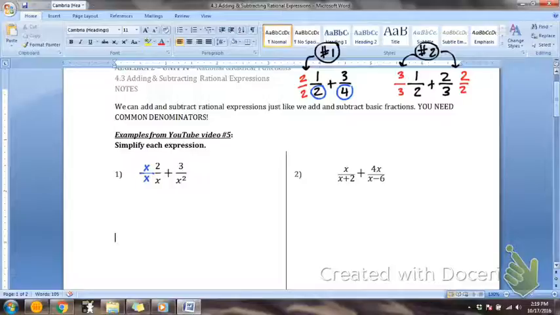Now, if that gives me x squared in the denominator, do I need to change the second fraction at all? No, because it's already x squared. So we're going to multiply 2 times x is 2x, and x times x is x squared, plus 3 over x squared.